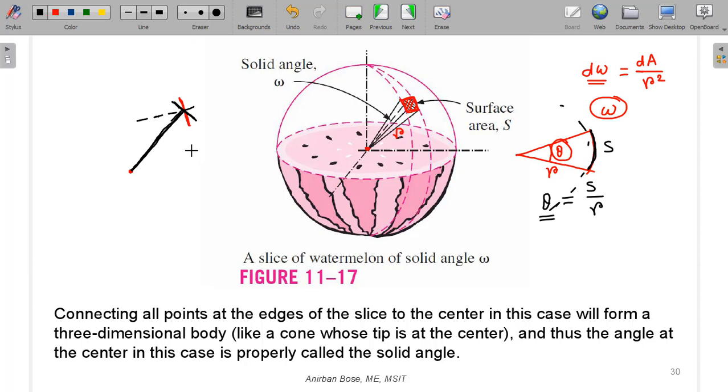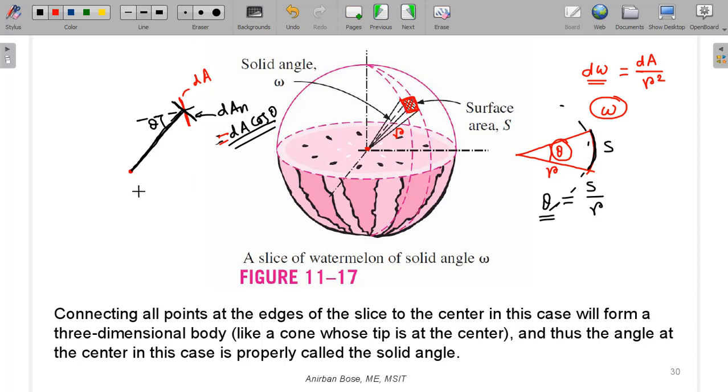If the red area is dA, and if this angle is theta, then this area is dA normal, which is equal to dA into cos of theta. So this is basically the area that will be dAn.